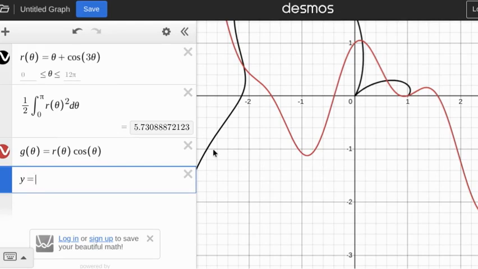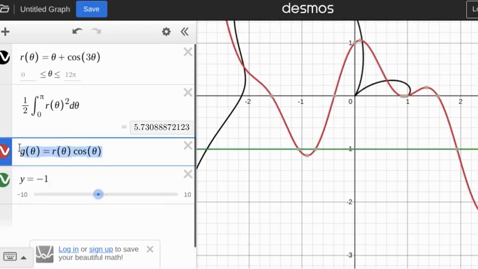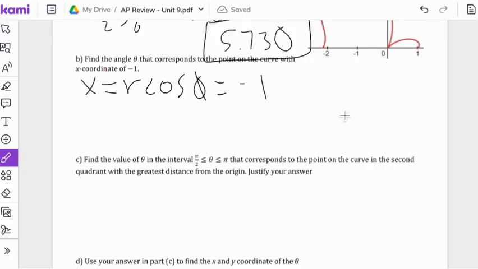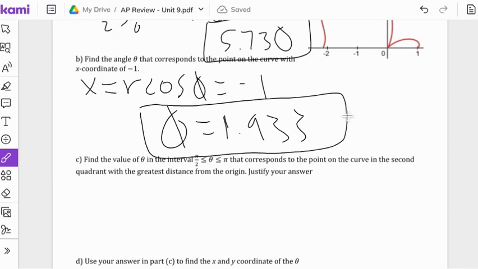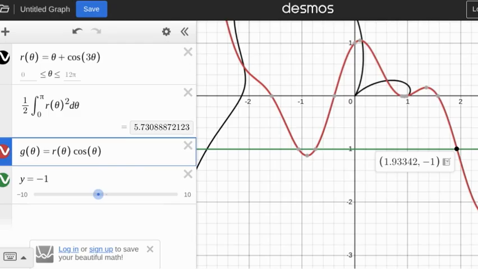Oh, but I'm going to do y equals -1 because this function is finding what our x point at a given point is. And then what is that? That's 1.933. So basically at theta equals 1.933, the x-coordinate is -1.